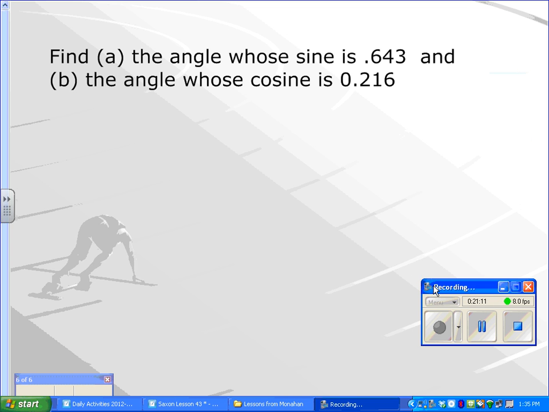Find the angle whose sine is 0.643 and find the angle whose cosine is 0.216. Why would we use inverse on this first one?